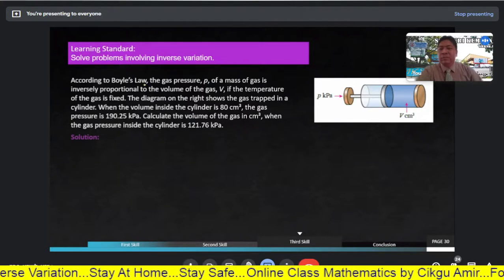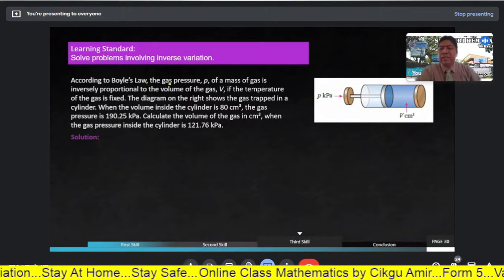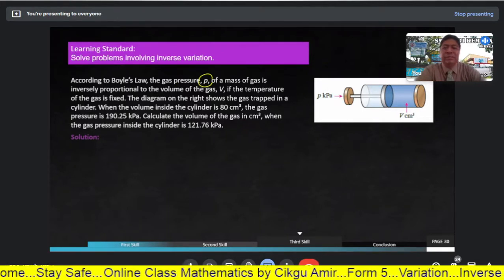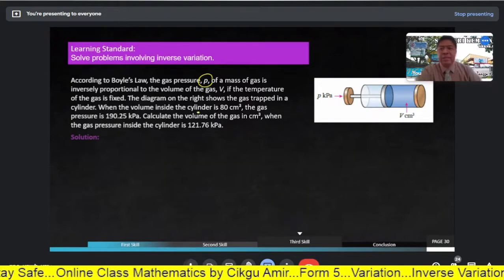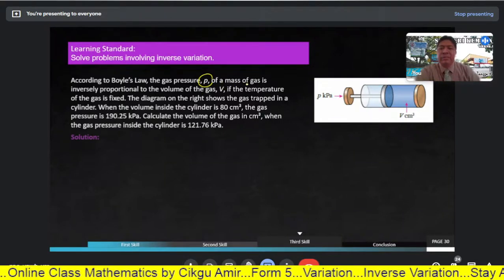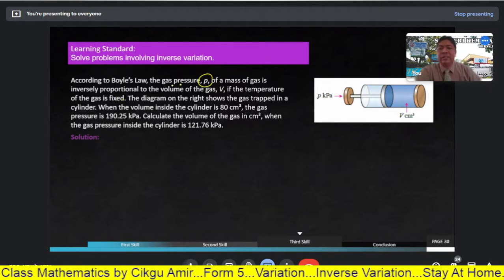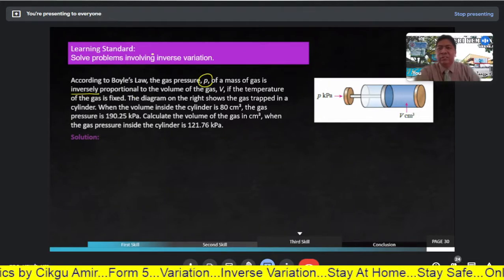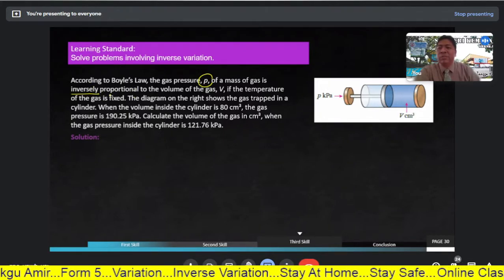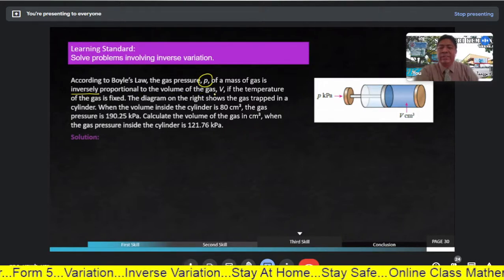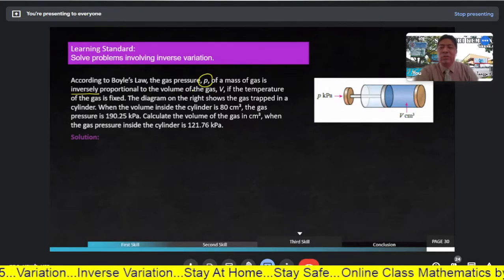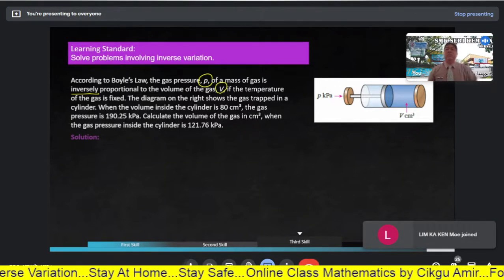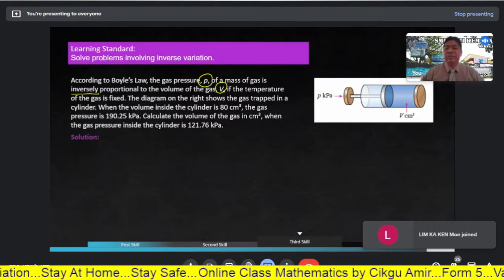According to Boyle's law, the gas pressure P of a mass of gas is inverse. So this is the first variable, P. There is the word inverse here, so there is inverse variation, proportional to the volume of the gas, V. V is also a variable.